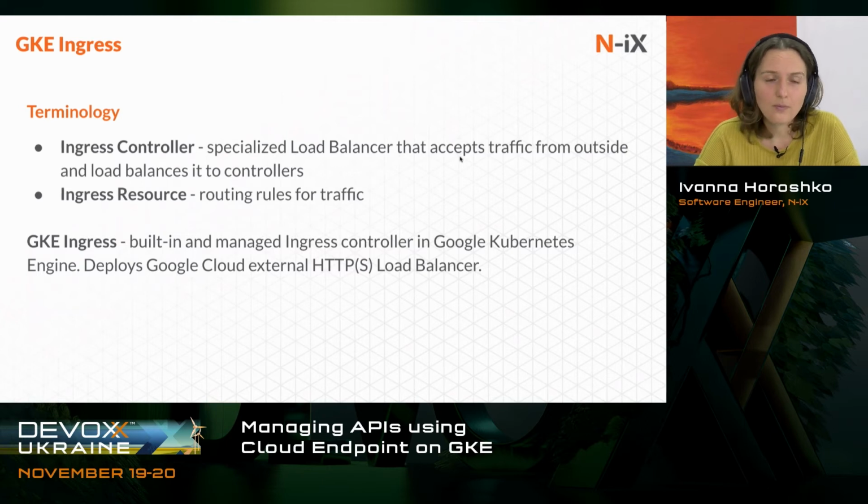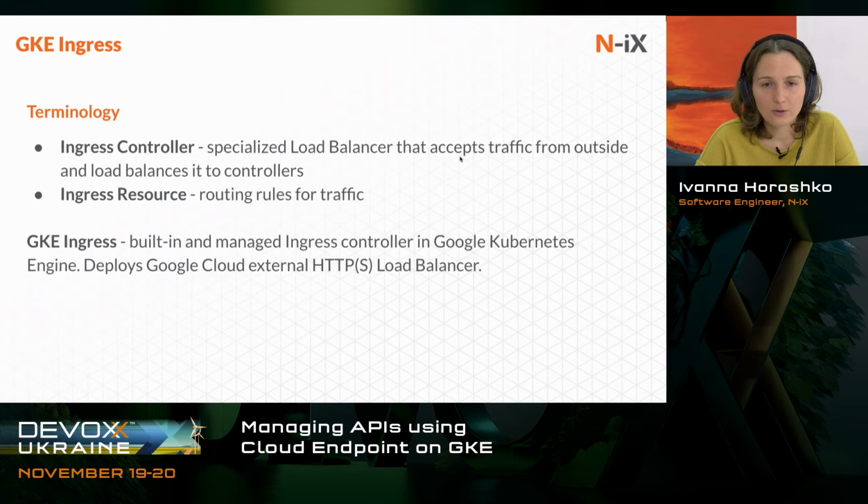So an Ingress controller is a specialized load balancer that accepts traffic from outside and load balances it to services. It means that you have a service whose type is load balancer, it receives all of the traffic, and then it knows how to route it to other services inside of the cluster.